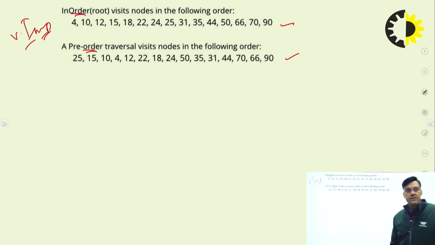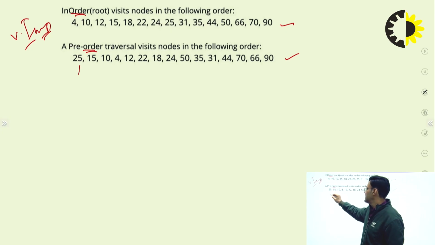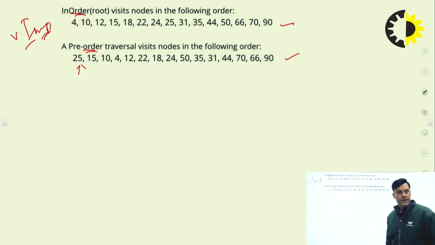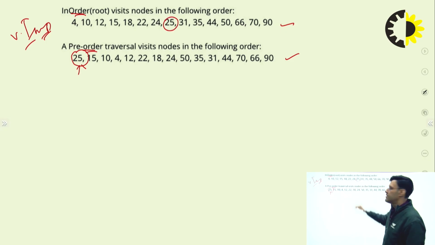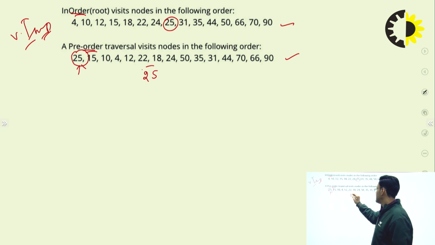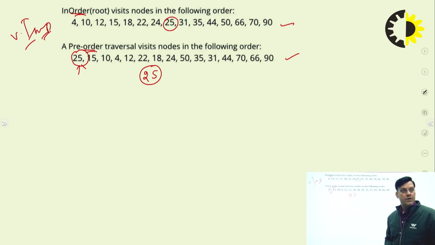Pre means the root node is the priority. Pre means root, left, right. So first of all, we will check for the root element, then we will see where this 25 lies. Step number 1 is we come to know about the root node.